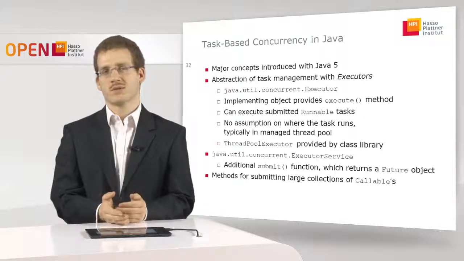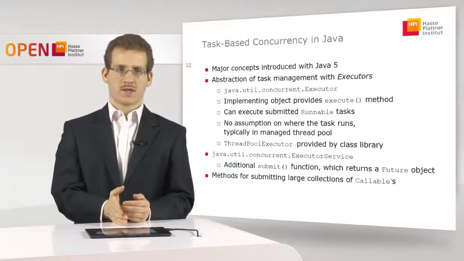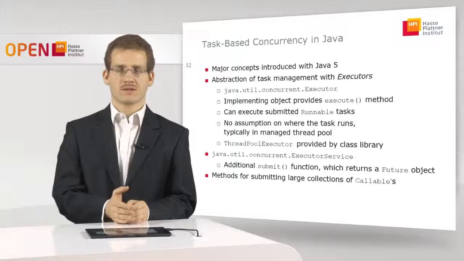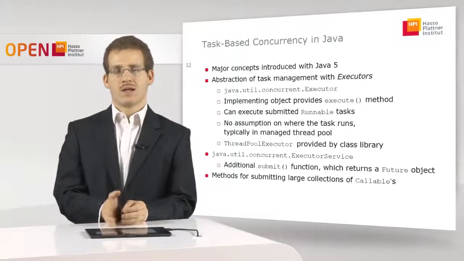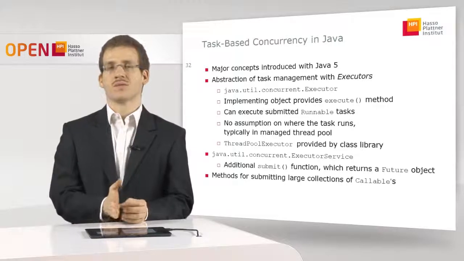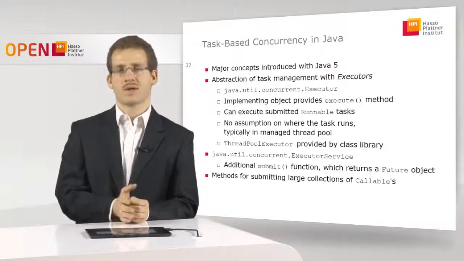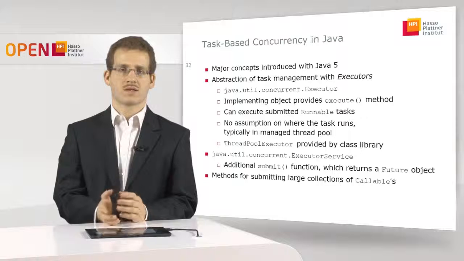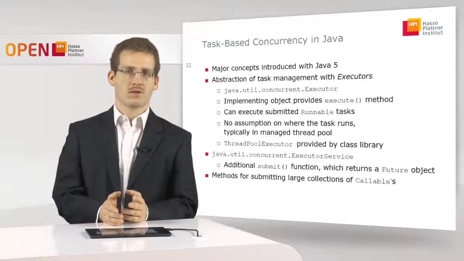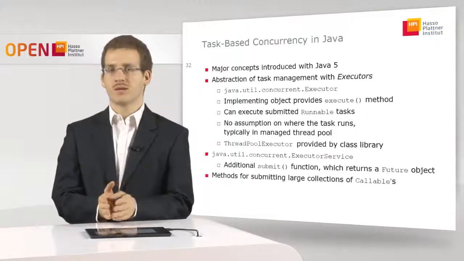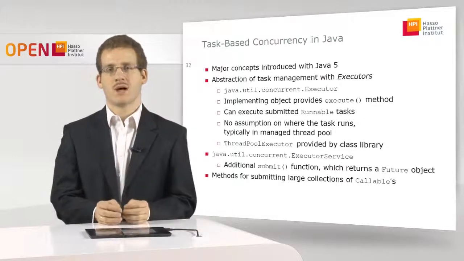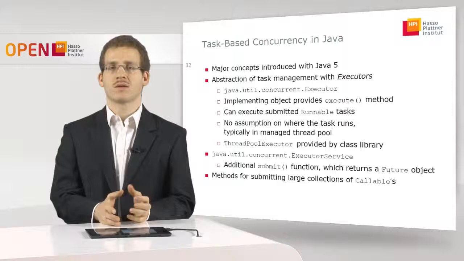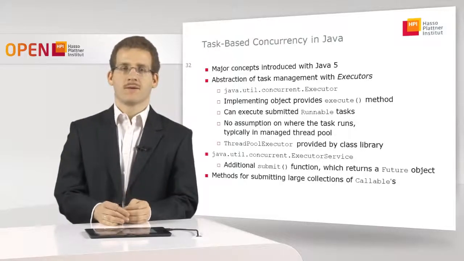Executor objects are able to take objects that implement the Runnable interface, and this is the representation of a task definition, and they can then decide how to deal with these tasks, how to schedule them to threads, how to run them. There are several default implementations in the Java class library, for example, the thread pool executor, which takes a given pool of threads and then maps the defined runnables on the given number of threads.